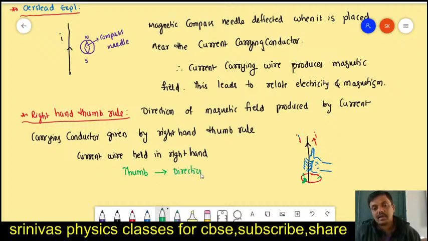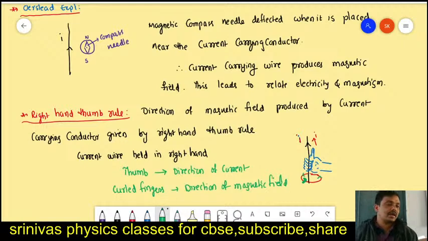Then the curled fingers indicate the direction of the magnetic field line, the direction of the magnetic field produced around the current carrying conductor. Understood? This is about the right hand rule.